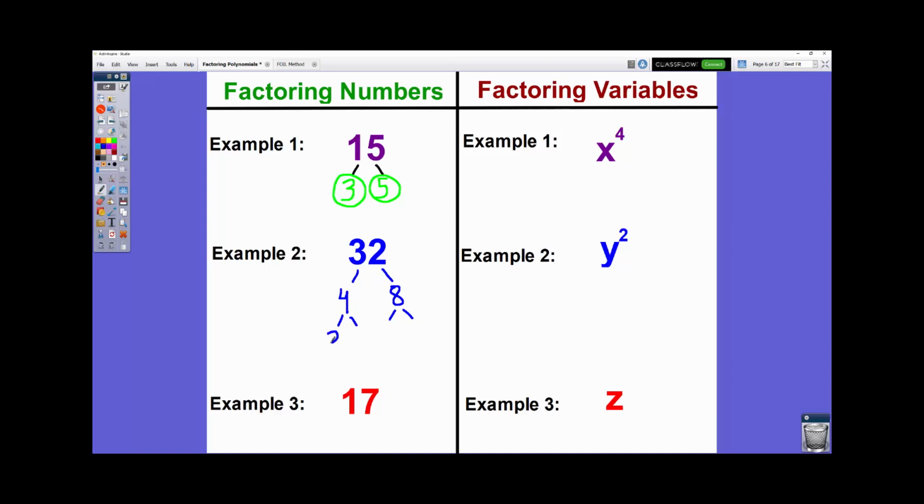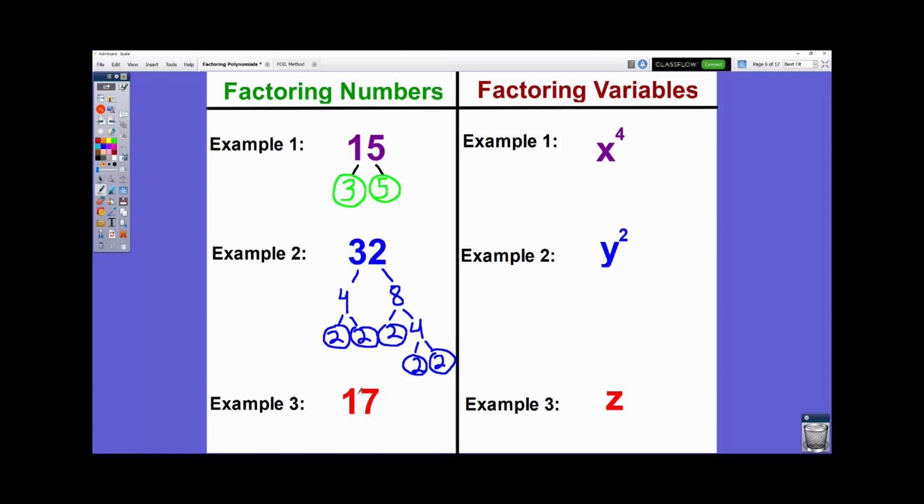We'll factor 4 into 2 and 2, and 8 we will factor into 2 and 4. 2 is a prime number, so I'm going to circle these so we don't lose track. 4 is not a prime number, so we keep going, and you're going to see that we end up with a boatload of 2s. 2 times 2 times 2 times 2 times 2 gives you 32.